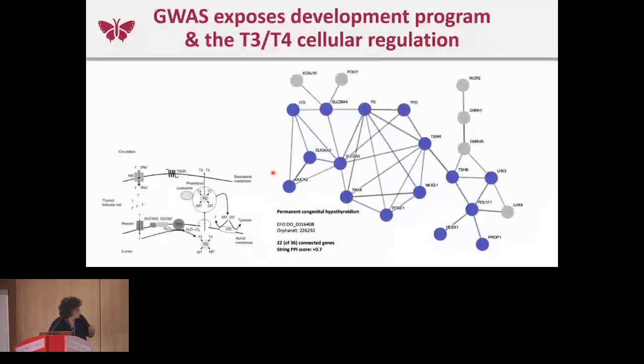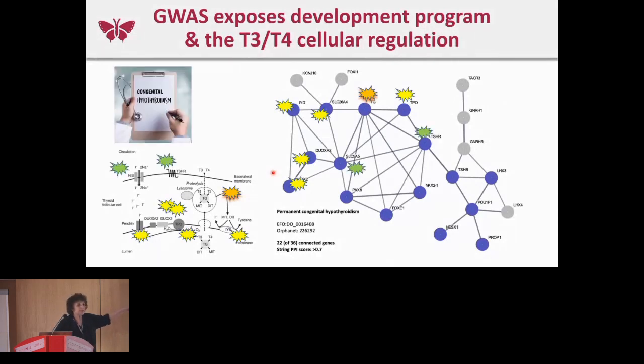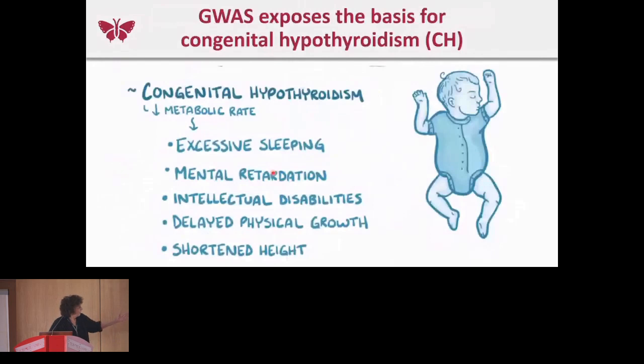Now, if you look at this network, you see that all those genes are from this network, all of them. So basically, we found congenital hyperthyroidism. A completely different story of this disease by GWAS. And then we asked, what's this disease? This is really a severe disease in which the child is born already affected, with an undeveloped thyroid. It has mental retardation and intellectual disability. It's a really serious one.